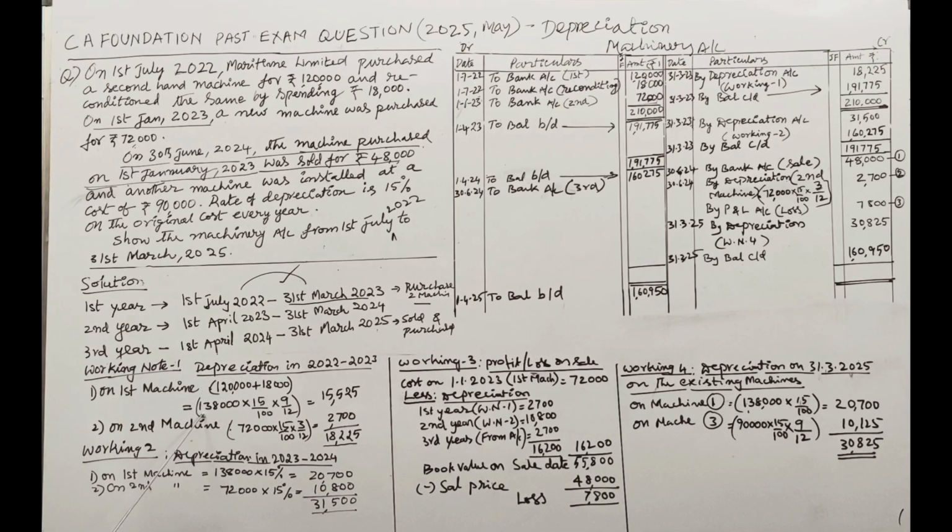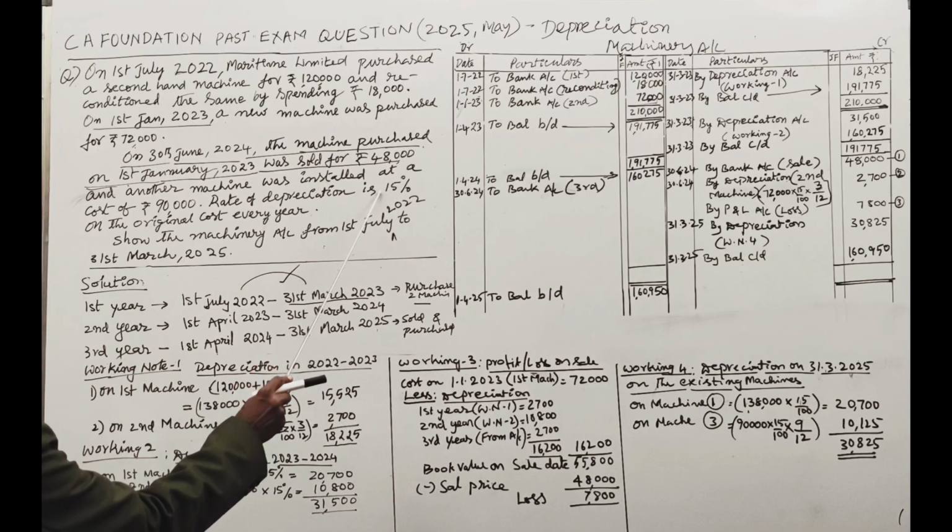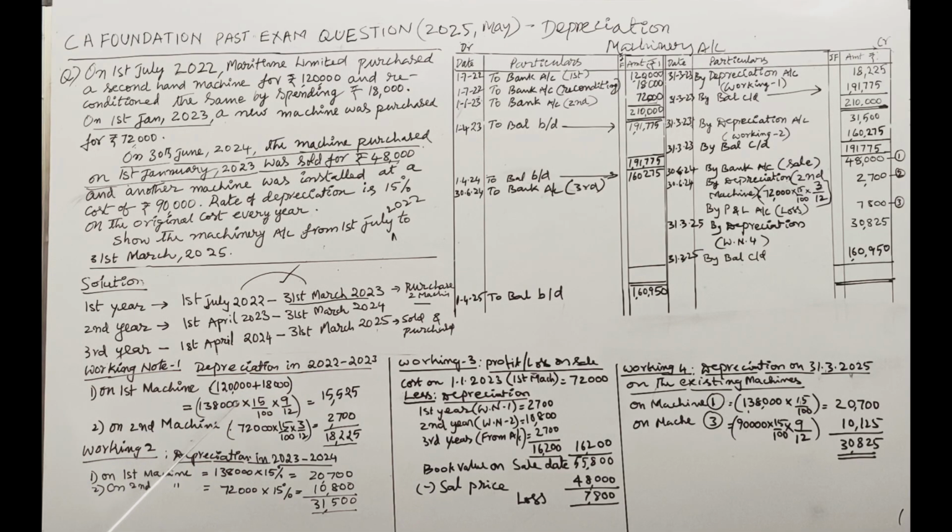Total, it became 1,38,000. And we have to calculate the depreciation at the rate of 15%, means 15 by 100. For how many months do we have to calculate on the first machine? From the date of purchase to the end of the year.